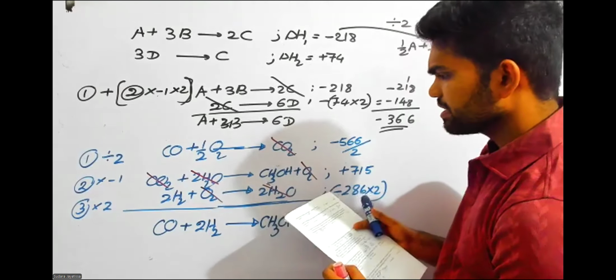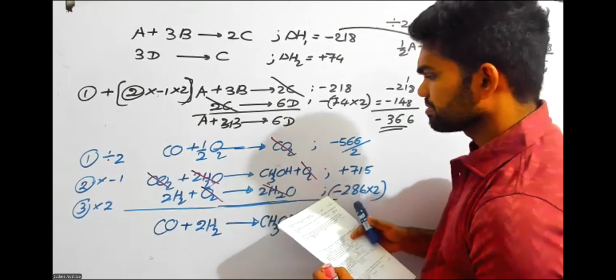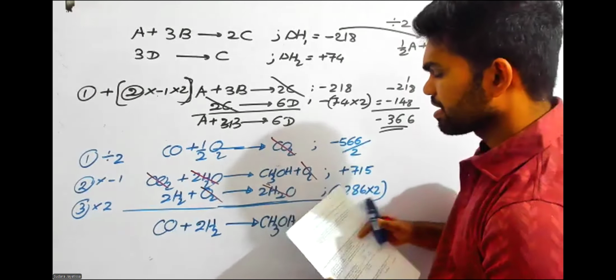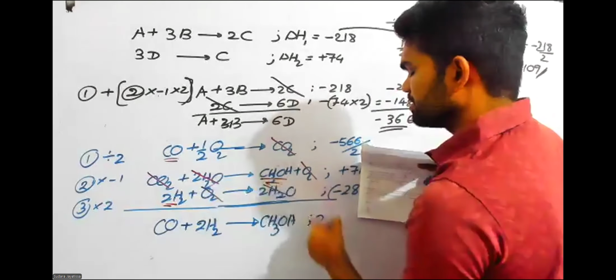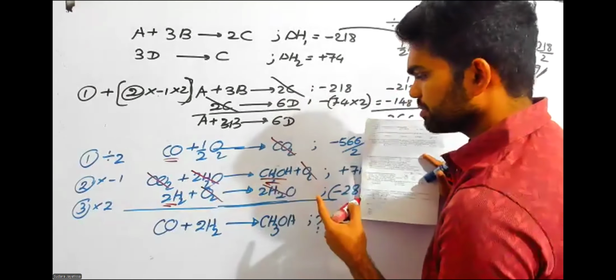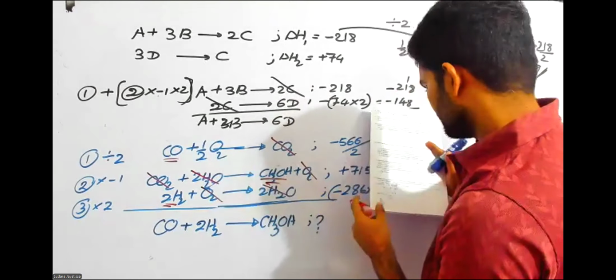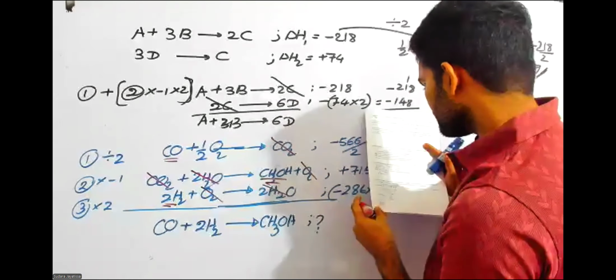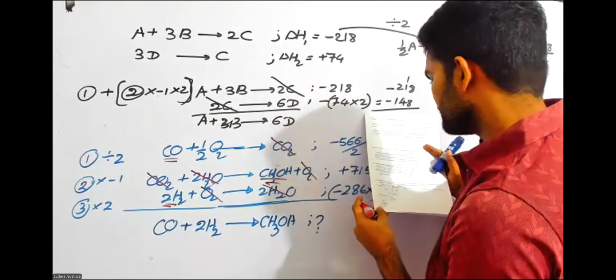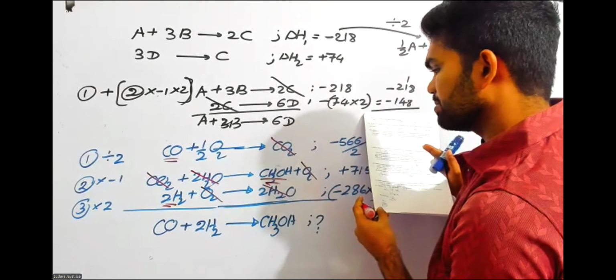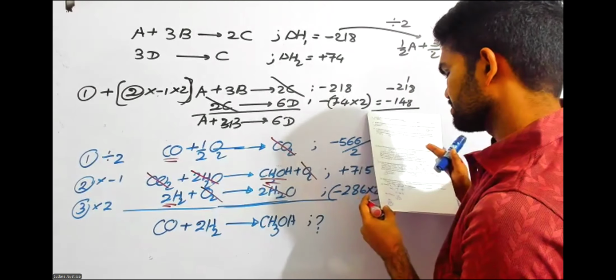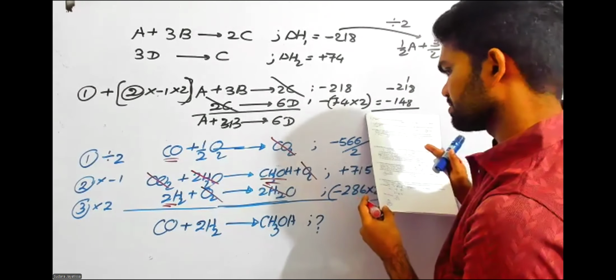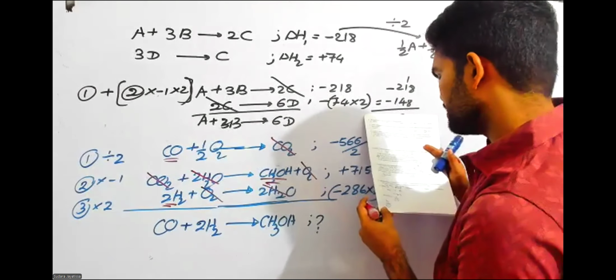Yeah, 1 oxygen, isn't it balancing? Carbon monoxide, H2, methanol, and half O2, I think. When you are reversing this, and you are multiplying this, and you divide by 2.